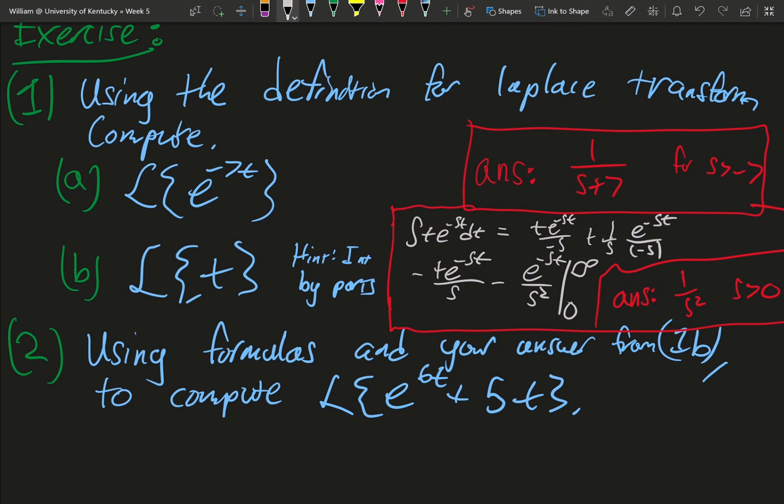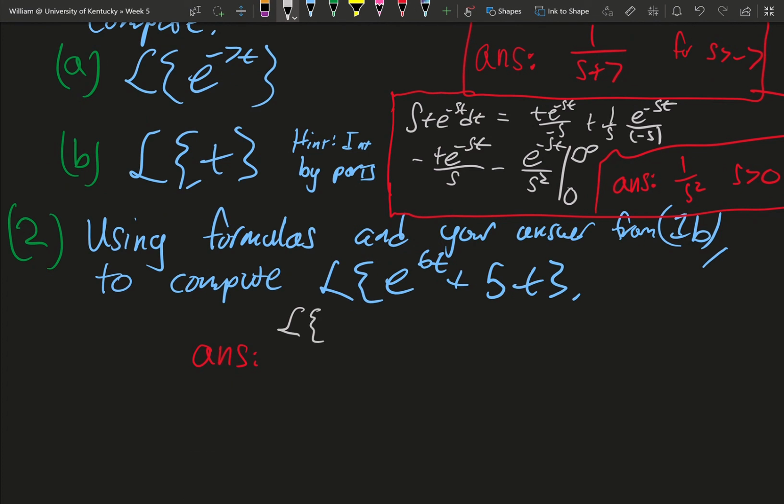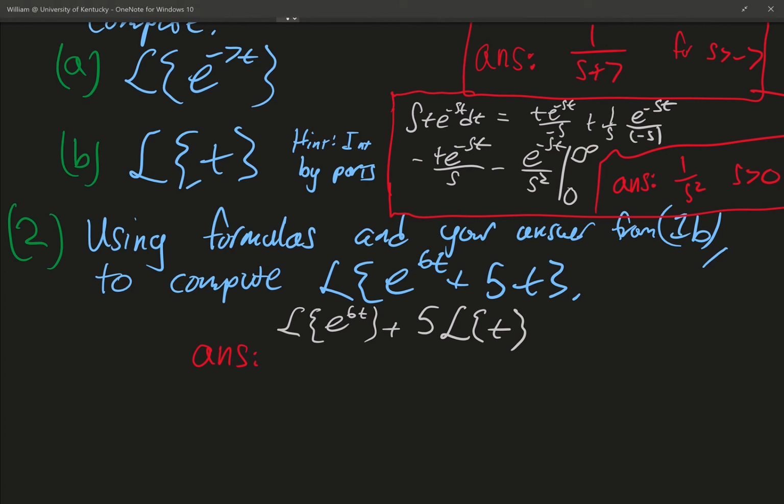Okay, so for this one, by linearity, this is the Laplace transform of e to the 6t plus 5 times the Laplace transform of t. So this we had a formula for. It would be 1 over s minus 6.